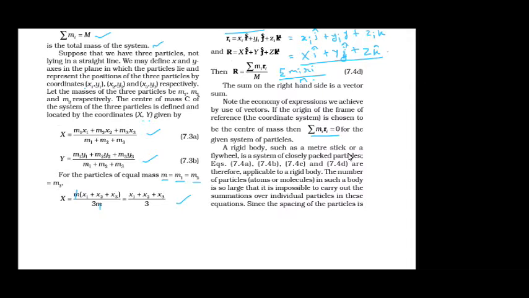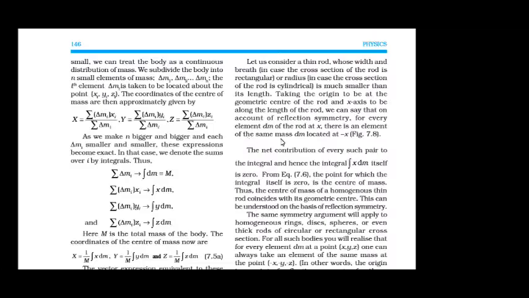The number of particles, atoms or molecules in such a body is so large that it is impossible to carry out the summation over the individual particles. Since the spacing of the particles is small, we can treat the body as a continuous distribution of mass.